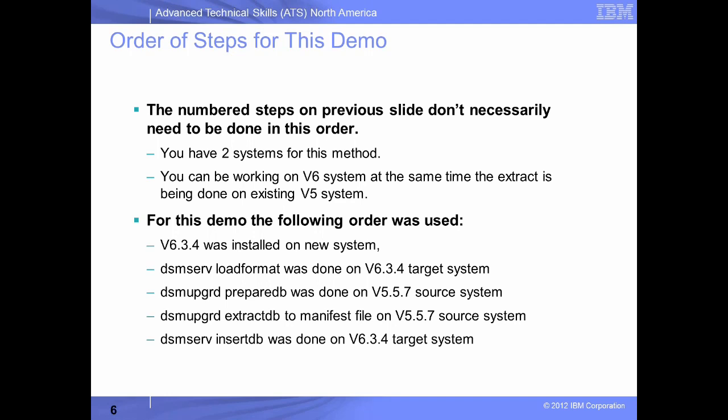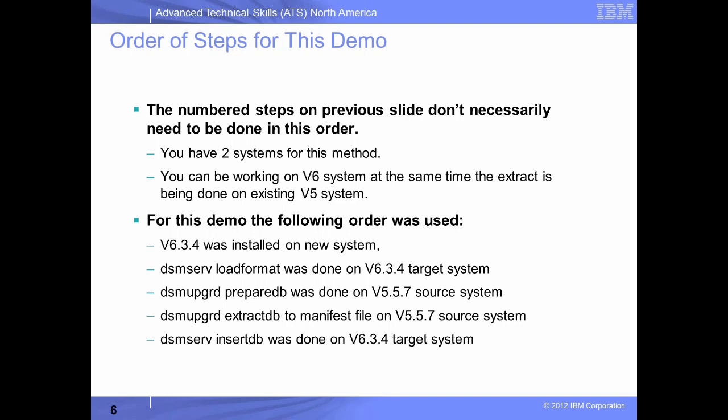So if you're starting off today and you're going to do this migration for the first time from your version 5 system, I would start with 6.3.4.200. On the version 5 system, I would try and get to version 5.5.7 if you can do that. That will save you a couple of steps, and if for whatever reason you have to back it off, you're already at a high level of version 5.5.